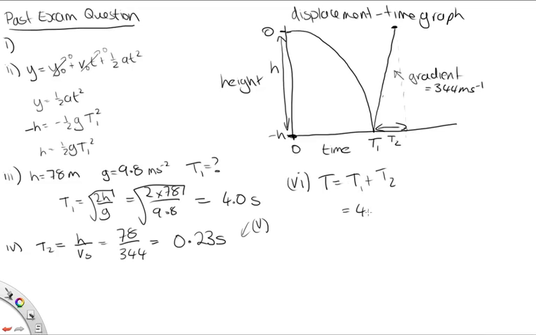So we've got 4.0 plus 0.23. Really, we should have kept the extra significant figures here in our calculator, just in case it pushes everything along one. But this is equal to 4.2 seconds.